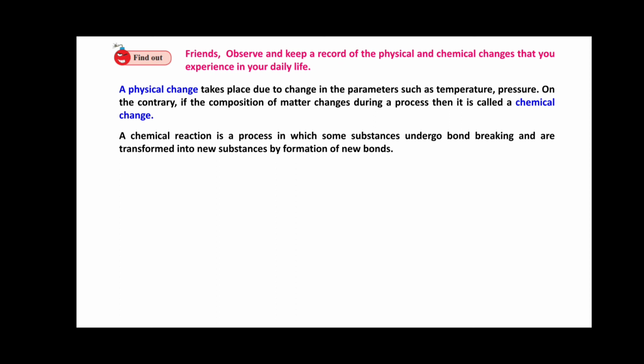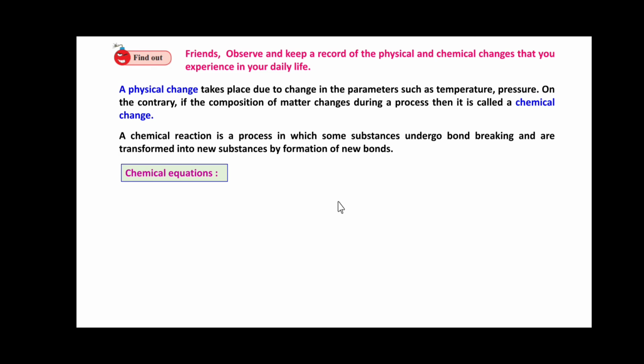For example, formation of carbon dioxide gas by combustion of coal in air is a chemical reaction. In this reaction, coal, that is carbon, and oxygen from the air are the reactants, while carbon dioxide is the product. A chemical reaction is represented by writing a chemical equation. So friends, what is this chemical equation?